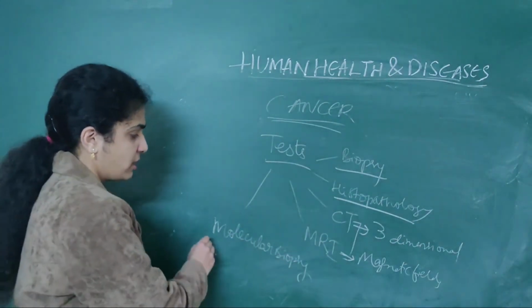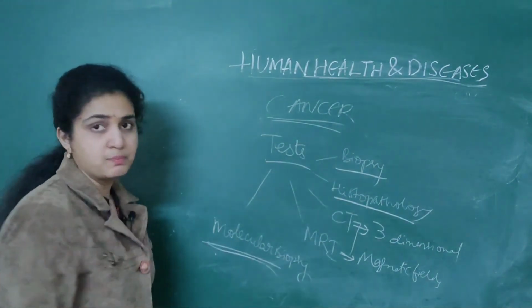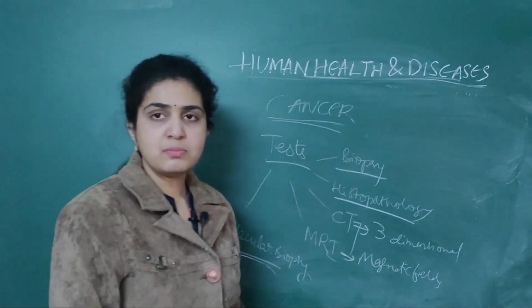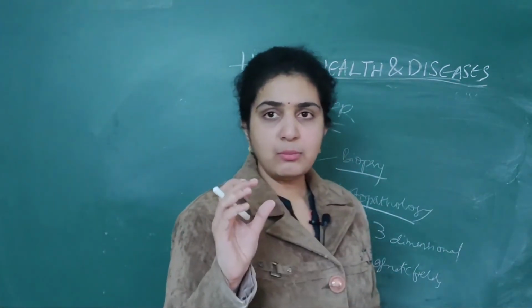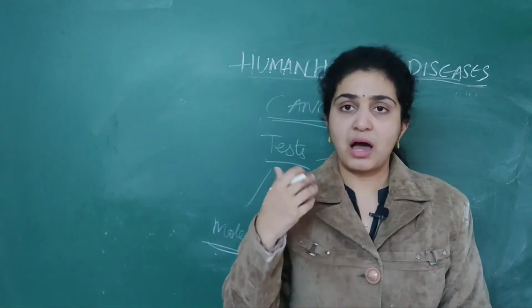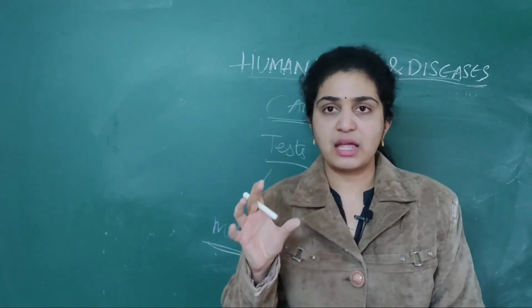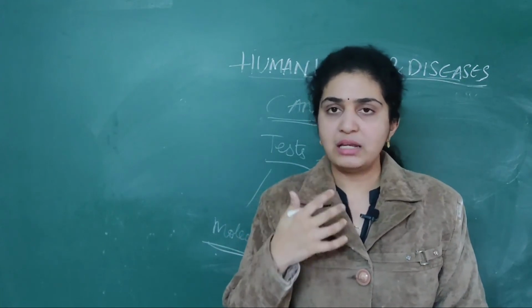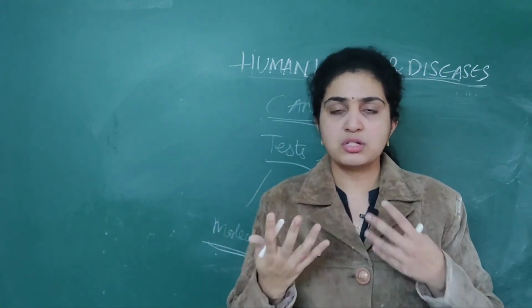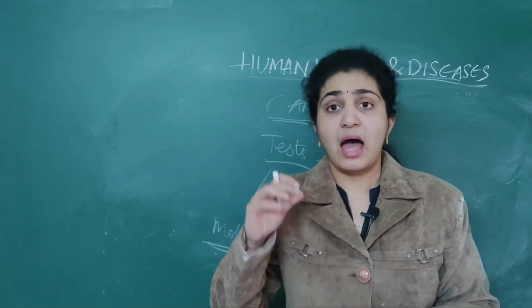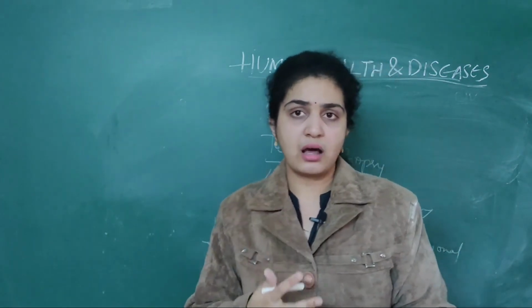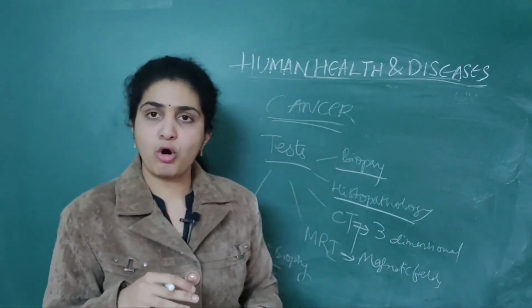Then what is molecular biology? Molecular biology means some antibodies are produced to detect cancer-specific antigens. Normally in our body, antibodies are produced to protect against diseases. Here, antibodies are created artificially and sent into the body.